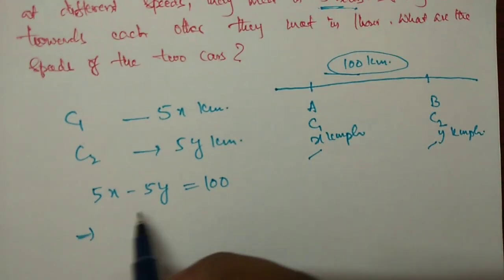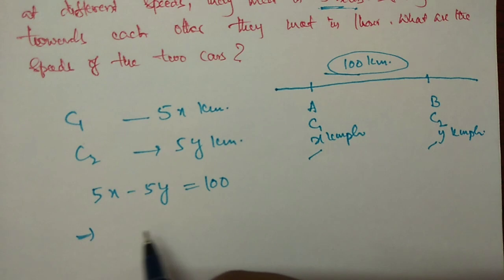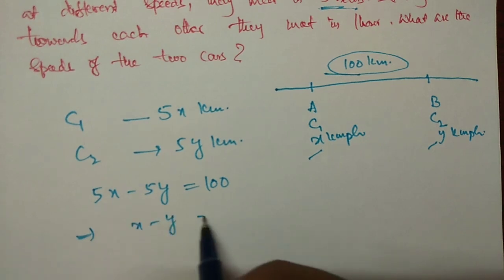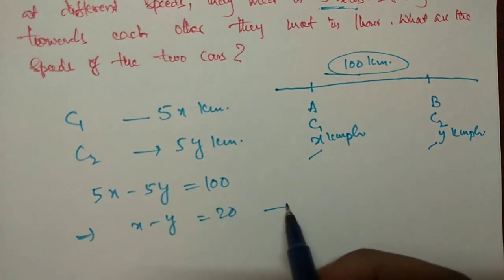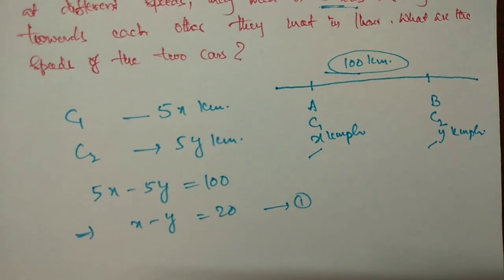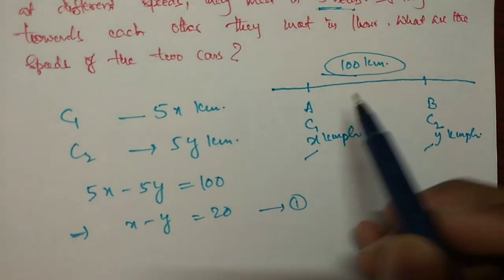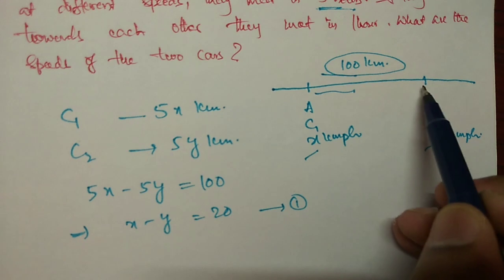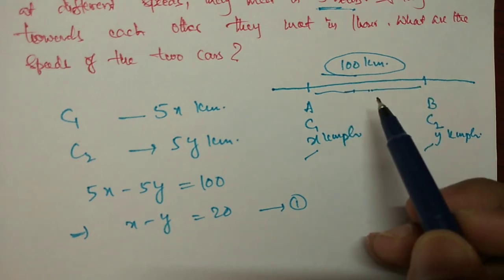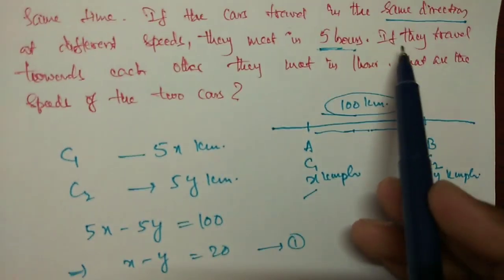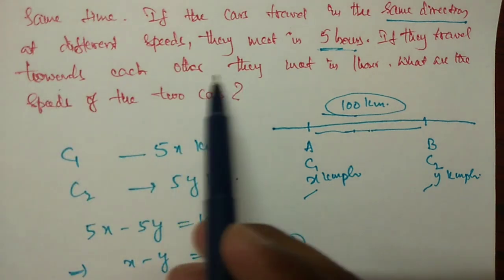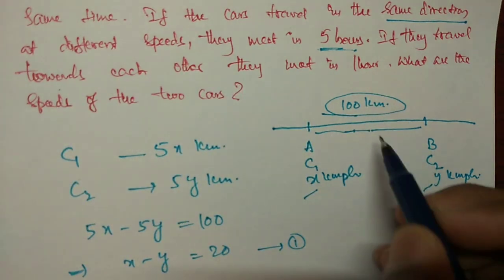That implies, divide this by 5, x minus y equal to 20. This is the first equation. And the second equation is when both are moving in opposite directions. If they travel towards each other, they meet in 1 hour.